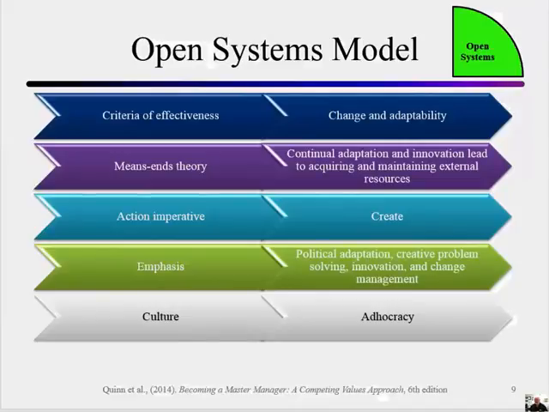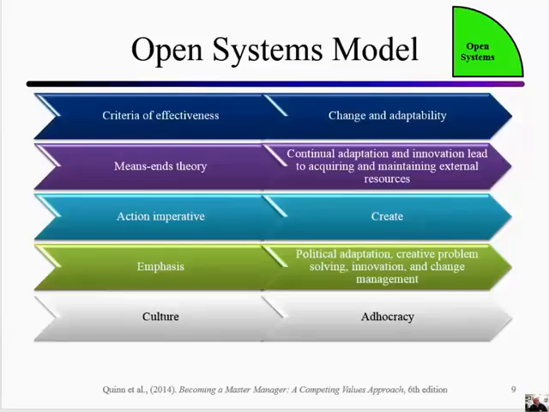New changes happen all the time in the business environment that we're in today, so they're quite aware that they might have to change direction very quickly. That flexibility is a really, really important element of working successfully in the open systems model.